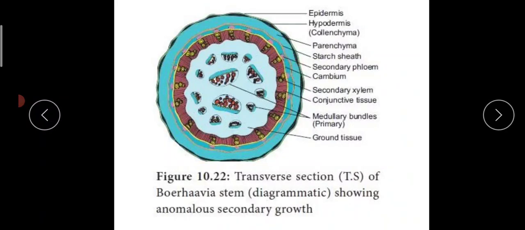That is how it functions, and after some activity, this cambium stops functioning, so a new ring of cambium is formed outer to this ring. That ring of cambium is formed by the union of secondary parenchyma cells and the conjunctive tissues.